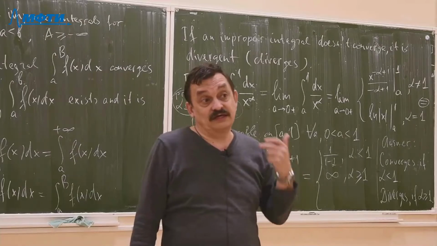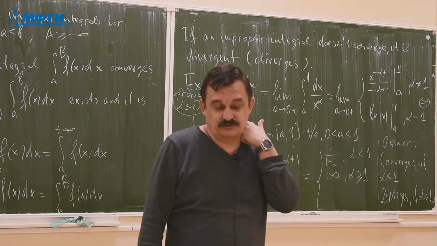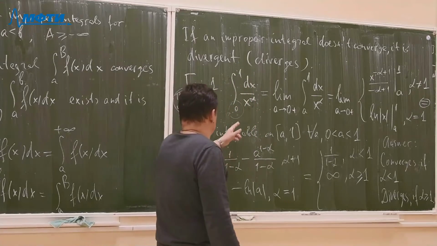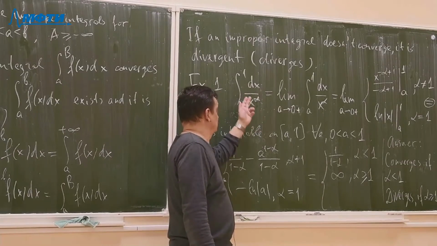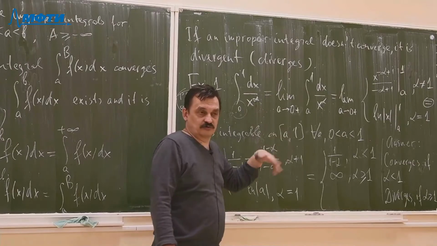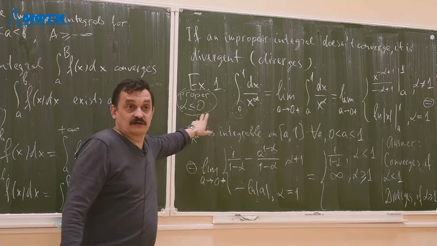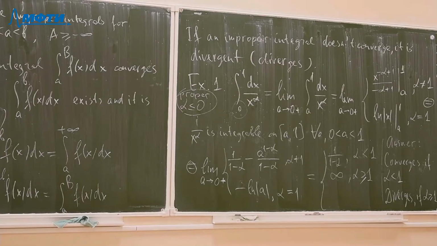But it has a removable singularity, a removable discontinuity point, because you can define the function to be 0 at 0, and then it will be continuous for alpha less or equal to 0. So, indeed, in this case, it will be proper.